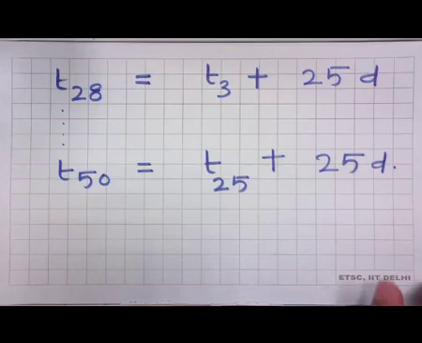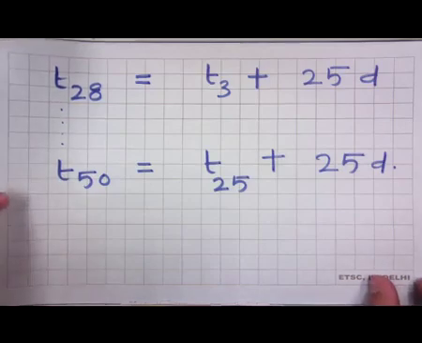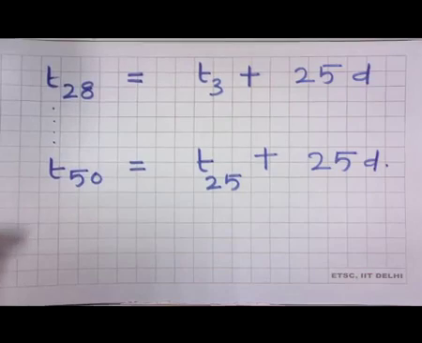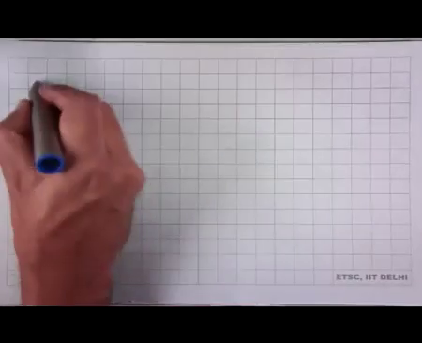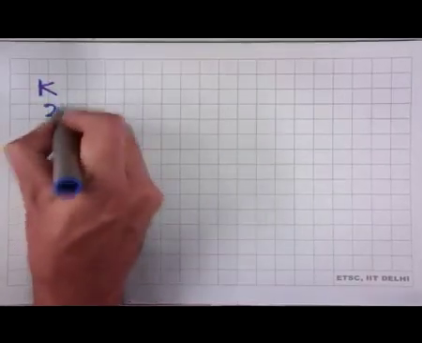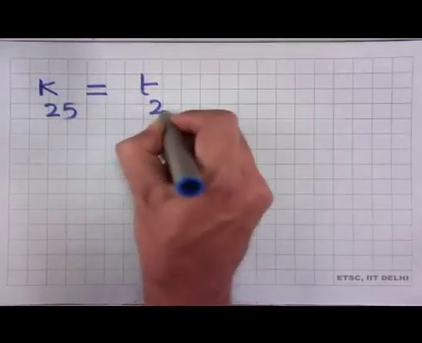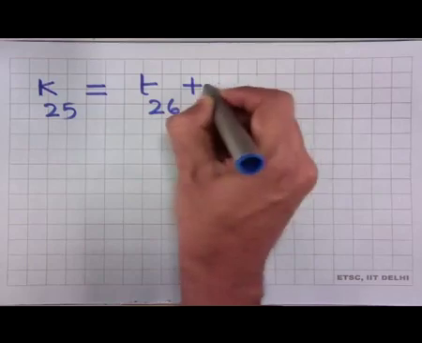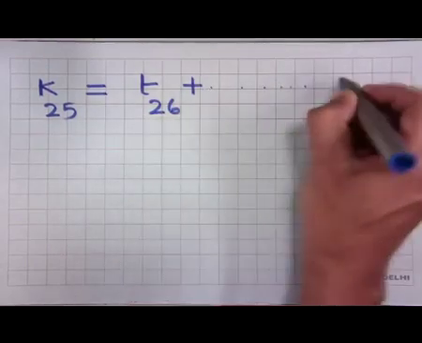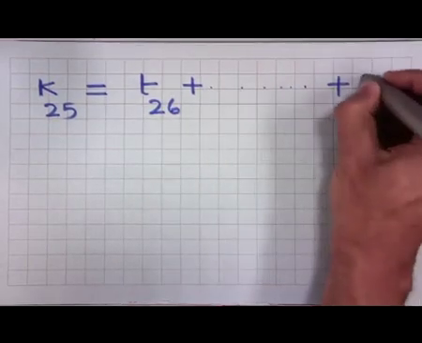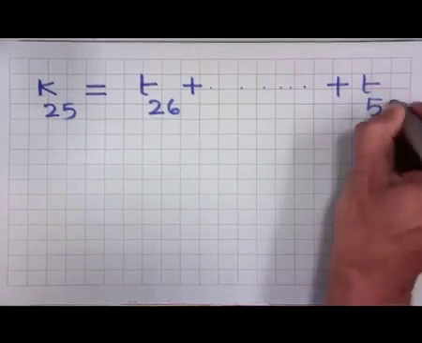Using this, let us write the expression for K25, which is equal to the sum of T26, T27 up to T50.